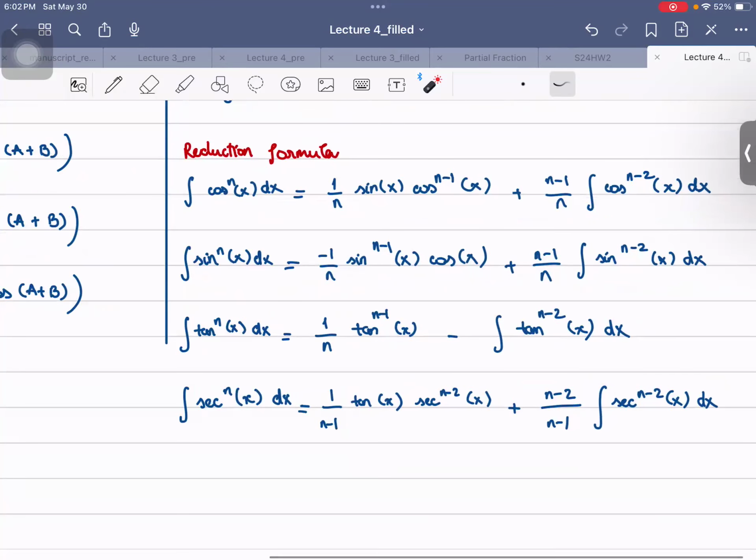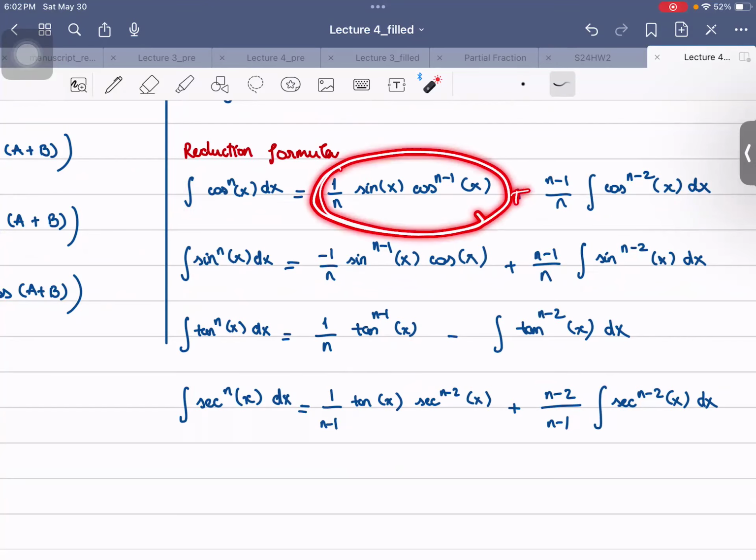You can see that the integral of cosine to the power of n turns into this function plus the integral of something. In this integral, you still have the cosine function, but the power is reduced by 2 units.